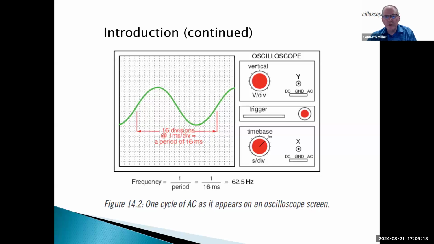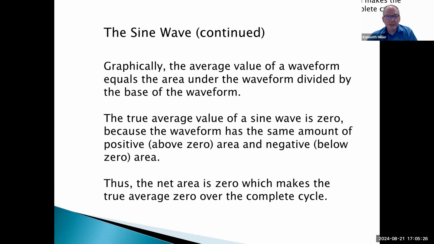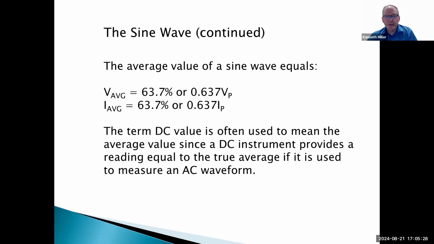If this is at 1 volt per division, that would be 5 volts peak. But if we put our AC meter on there and measured it, it would be 0.637 times 5 volts, so our meter would read 3.185 volts.